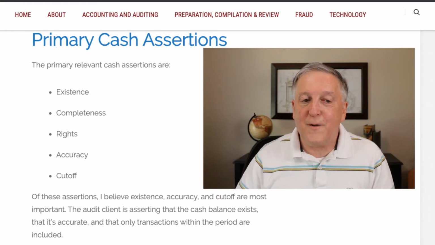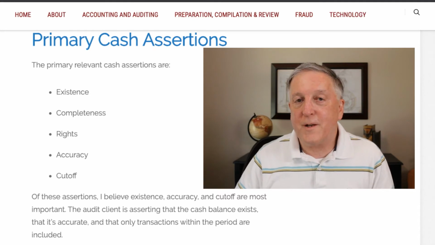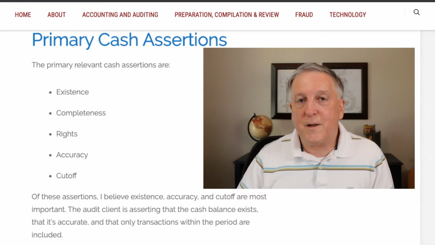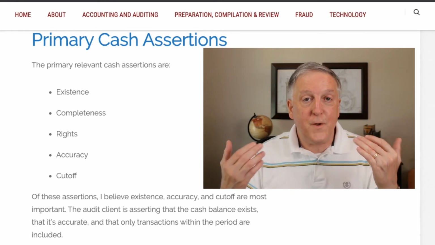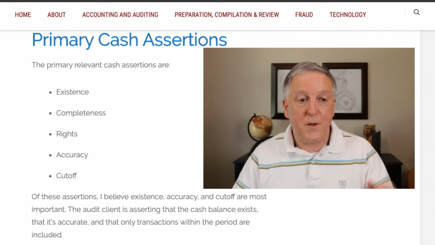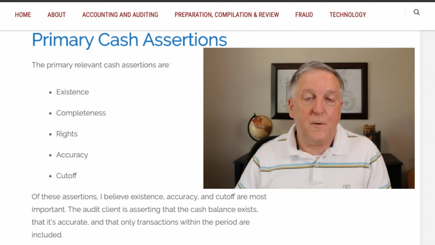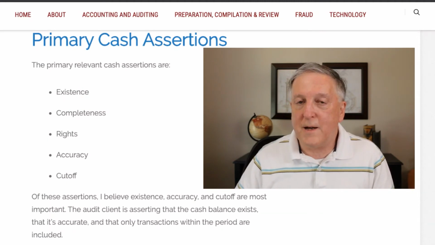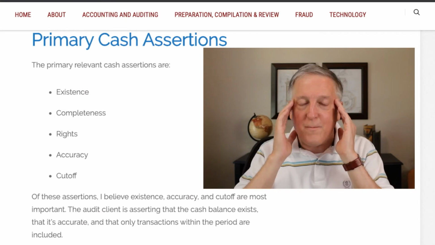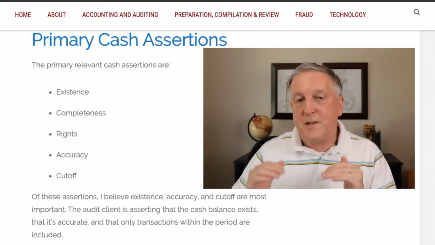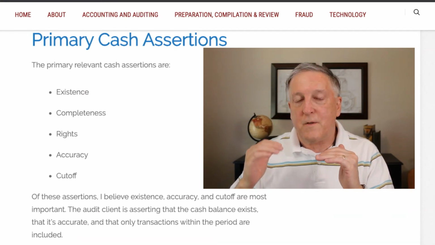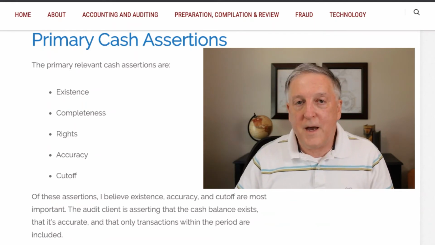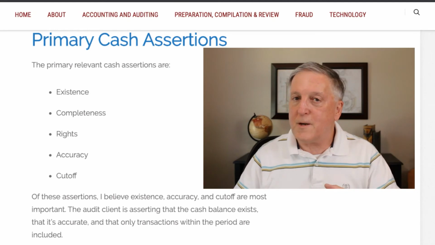And then the fifth one is completeness. Now, this one might confuse you a little bit. And it used to confuse me when I would see people list existence and completeness as relevant assertions for cash. And I'm thinking, wait a minute. Existence has to do with overstatement of cash, and completeness would have to do with understatement of cash.